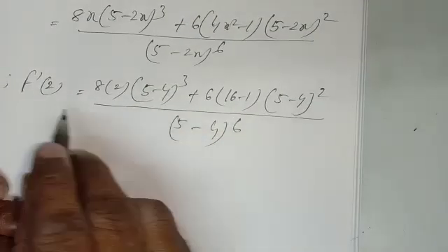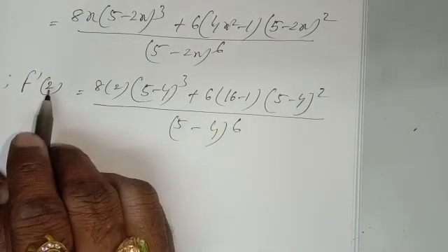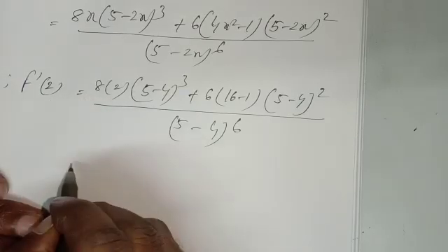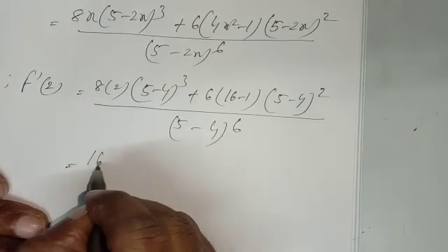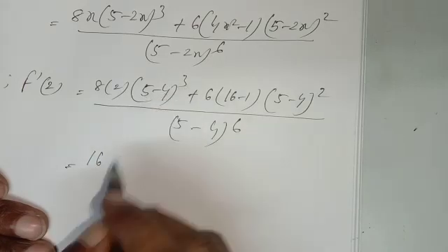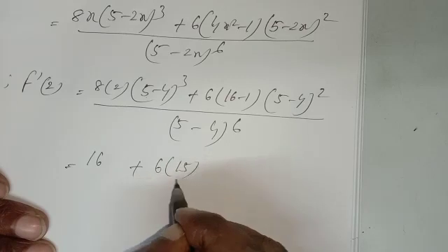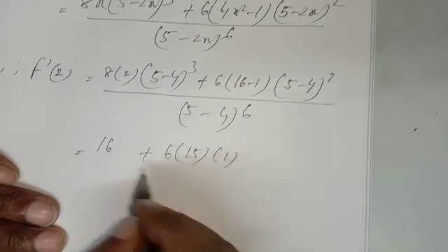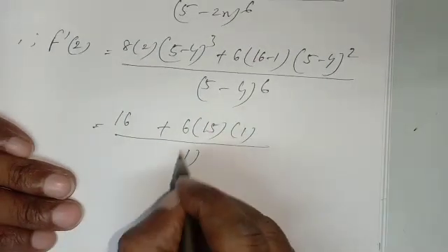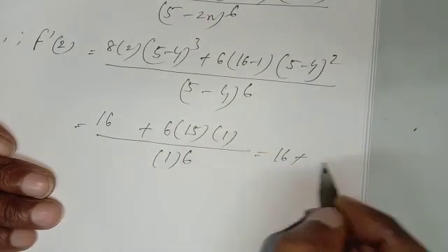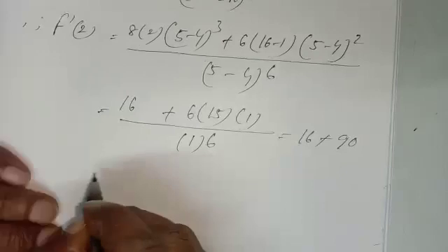Put in the value x equal to 2, that means the derivative of the given function at x equal to 2. How much are you getting? 16. 5 minus 4 is 1, 1 whole cube is 1, and here 6 into 15, and this is 1. Downside is 1 to the power 6, which is 1, and 16 plus 90 is coming 106.